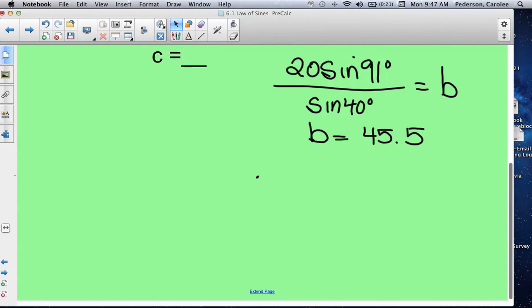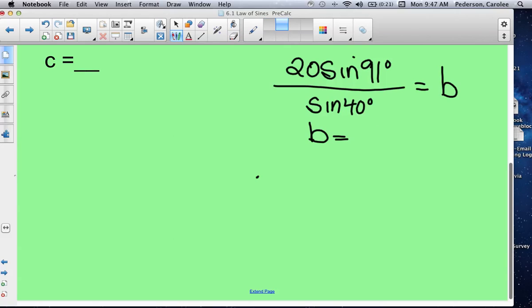Now, if we want to find side C, what would we use? Same process again. Are you okay with us skipping to find side C? Did you guys not get 45.5? I got 31.1.